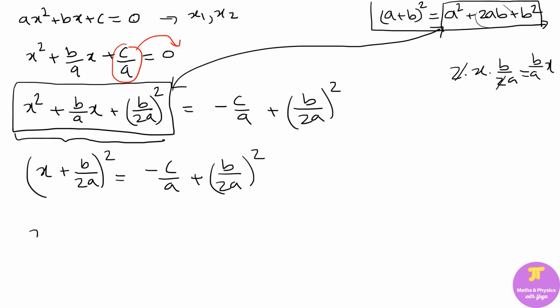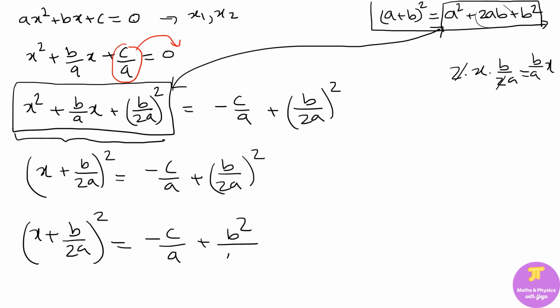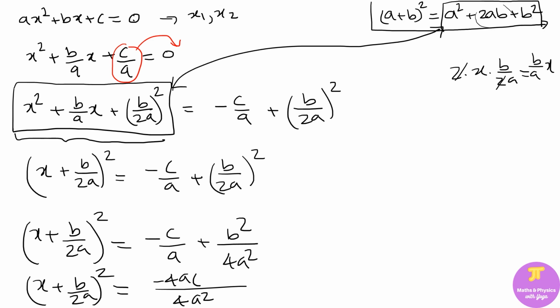Let me rewrite one more time. (x plus b over 2a) squared is, if I expand the bracket, minus c over a plus b squared over 4a squared. Let me simplify this further. (x plus b over 2a) whole thing squared is equal to, if I take 4a squared as a common denominator, this is going to be minus 4ac plus b squared.